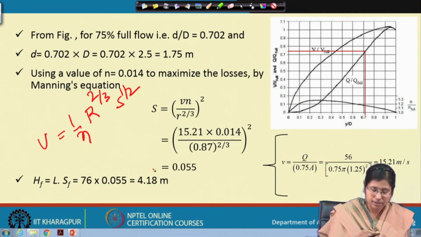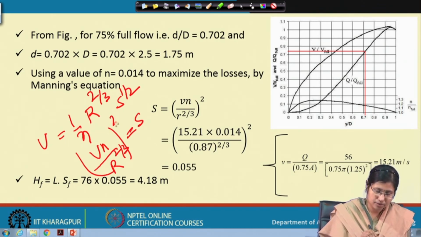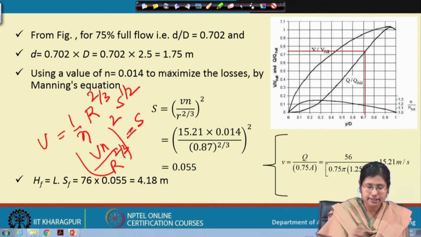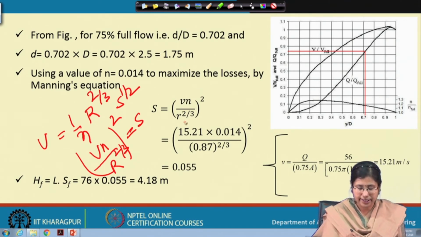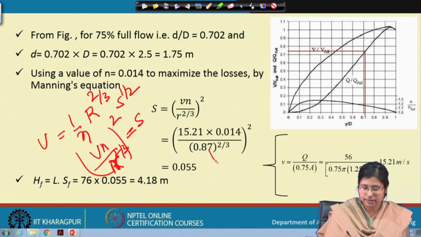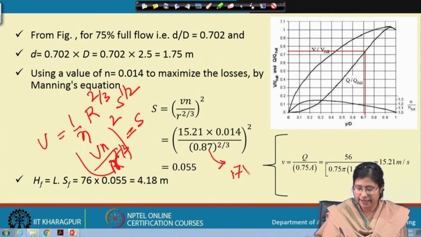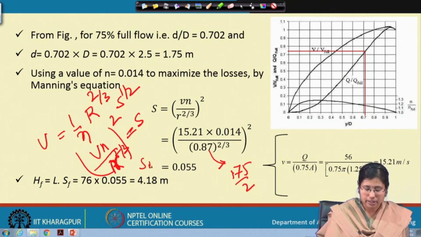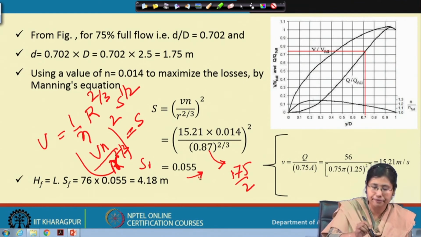Using that, you can get the value of S. So, V n square. This is done here, and since small d is the diameter, this is small r. This is the value of 1.75 by 2, so this is 0.87. So, this slope comes out to be 0.055.